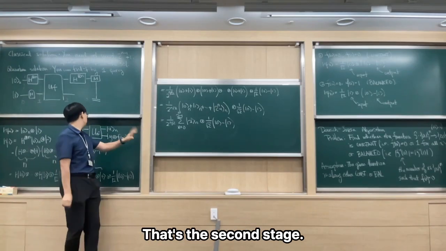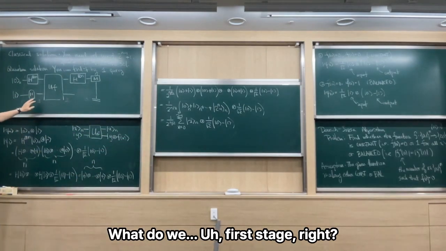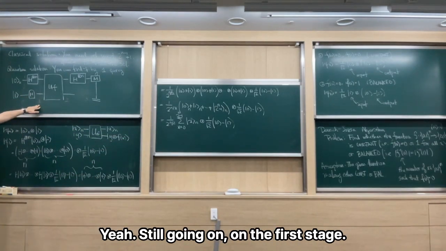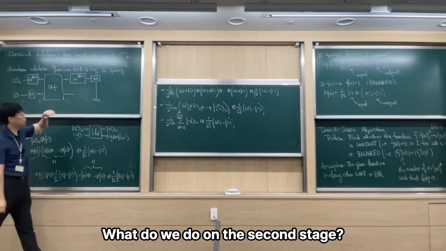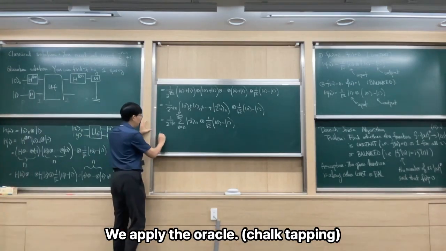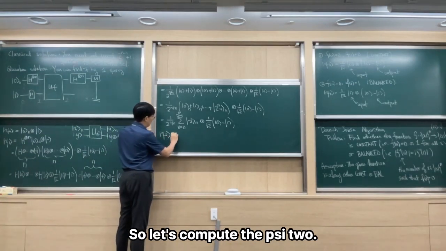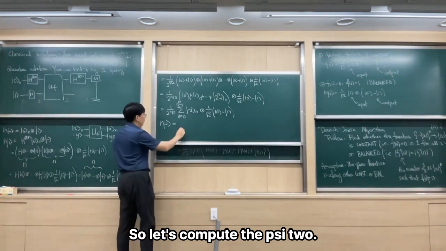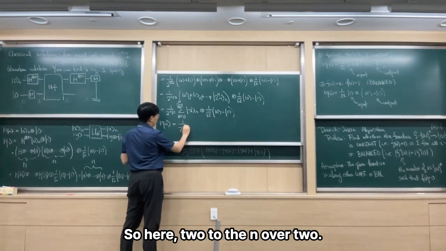Now, what do we do? That's the second stage. What do we, first stage, right? Yeah, still going on the first stage. So what do we do on the second stage? We apply the oracle. So let's compute psi 2. So here, 2 to the n over 2.